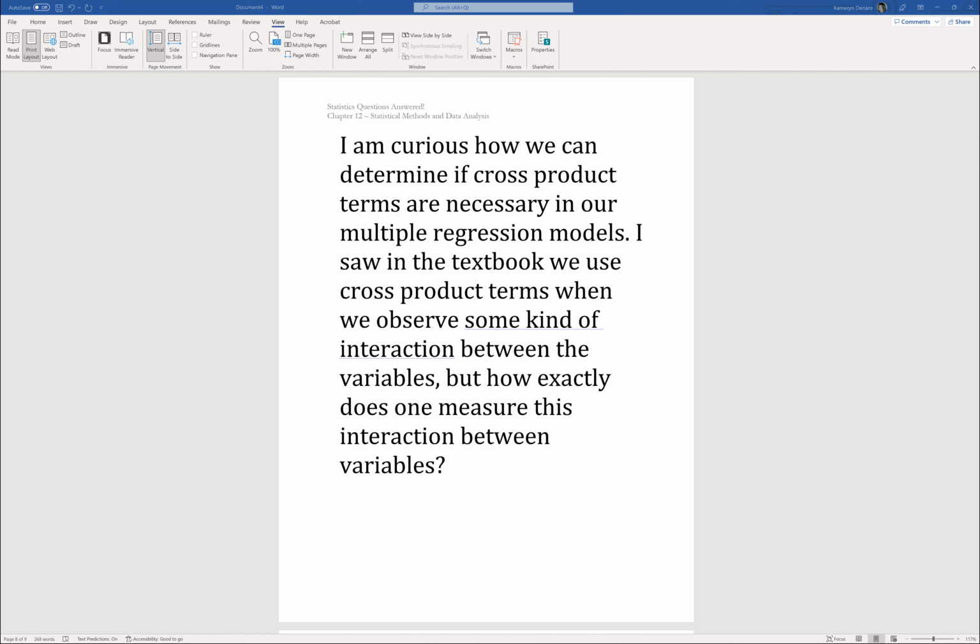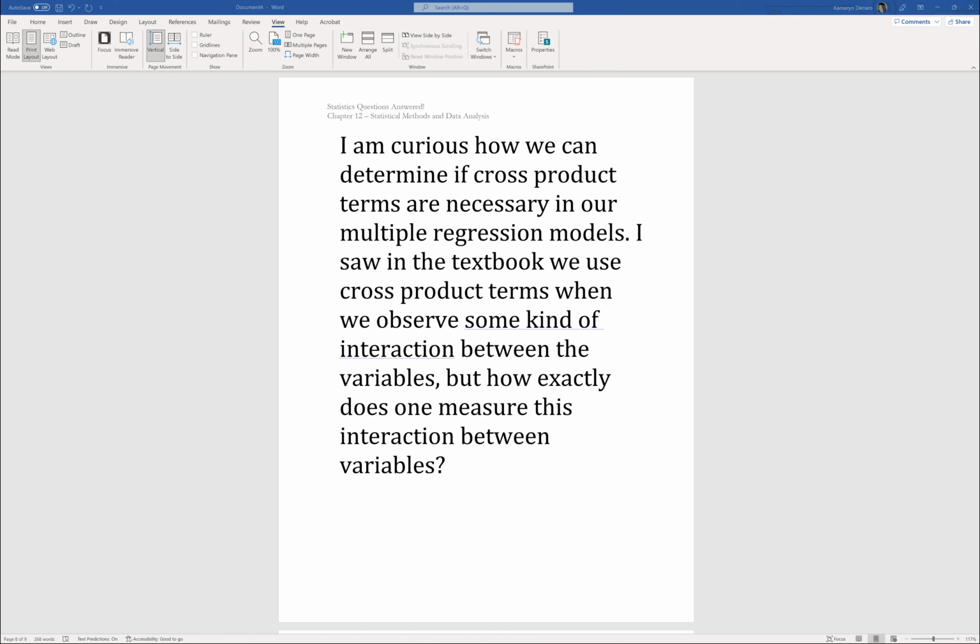The other way you can do this is you can put the interaction terms into the model, and then you can do a partial F test where you compare two models. One model does not have the interaction terms. The other model does have the interaction terms. And then you can say, are the interaction terms predictive of Y, given that these other variables are already in the model?